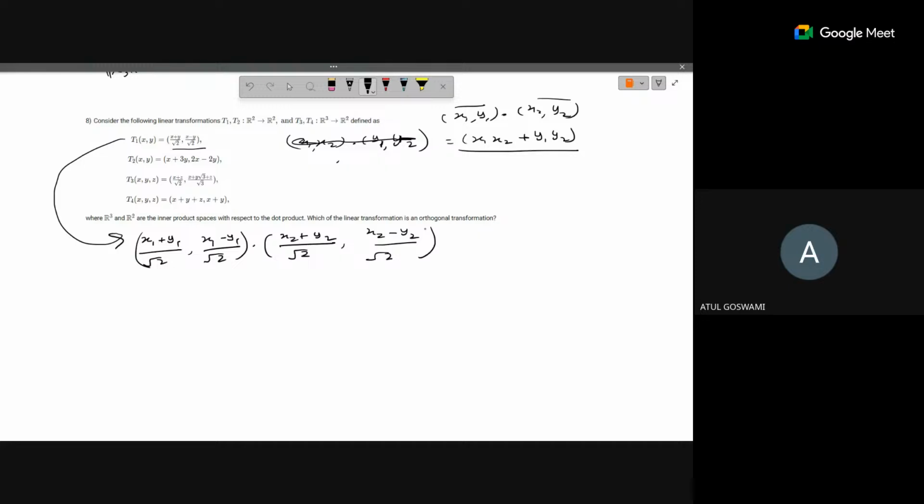So when we take the dot product, we'll get x1 plus y1 divided by root 2 times x2 plus y2 divided by root 2. When you multiply, the denominator will be 2, right? Then plus the second components, x1 minus y1 and x2 minus y2 divided by 2.